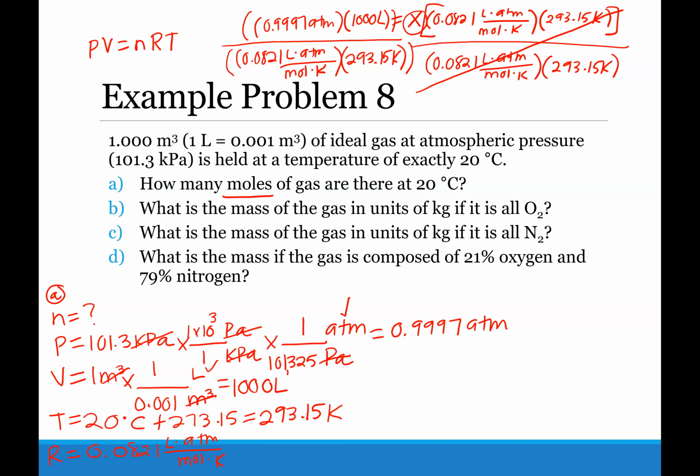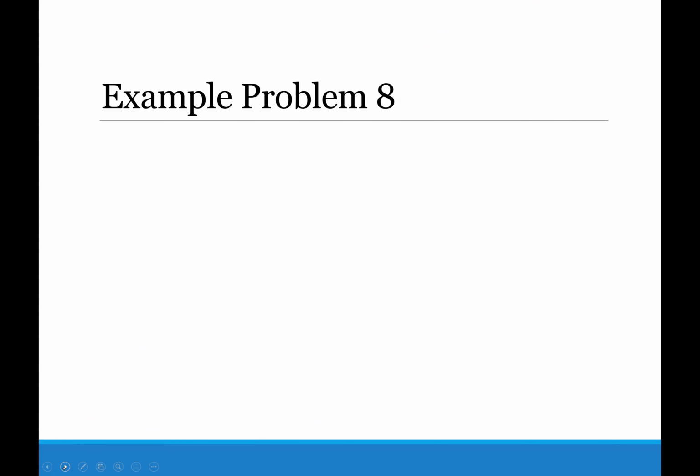And so we end up with an N of 41.537, so 41.54 moles. And that is going to be the answer to letter A. And so we'll need to bring that over to the next page for letters B, C, and D because we're not going to have any room to do those over here. So we're starting out with 41.54 moles.